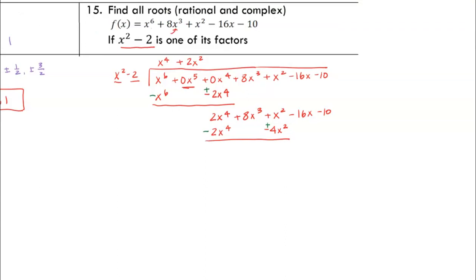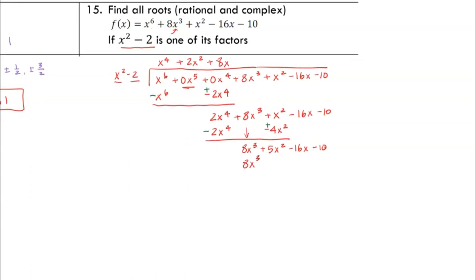The green is for me distributing the negative across. So bring down this 8x cubed plus 5x squared minus 16x minus 10. That's going to give me a plus 8x.